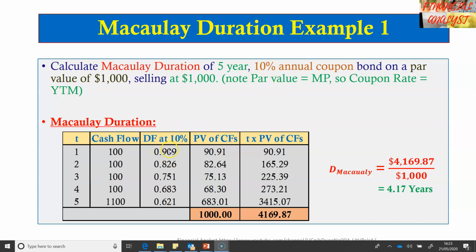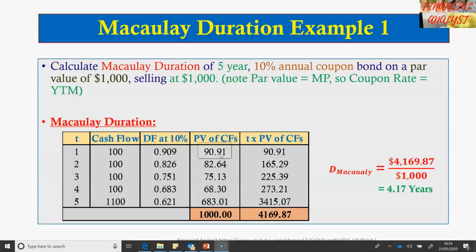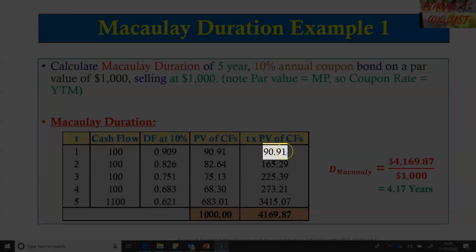So for the first period, that is year 1, the discount factor is calculated here, which is equal to 0.909. Multiplying this by the first year cash flow, we get the present value of the first year's cash flow. This is $90.91. We multiply $90.91 by the number of the year, that is 1 here, to get the time weighted present value of cash flow, which is $90.91, the same.